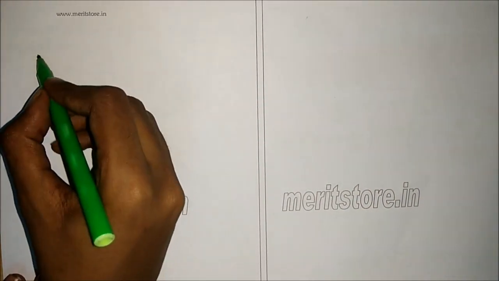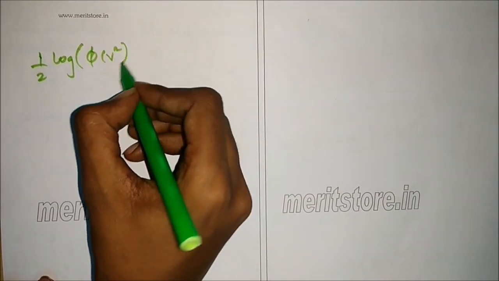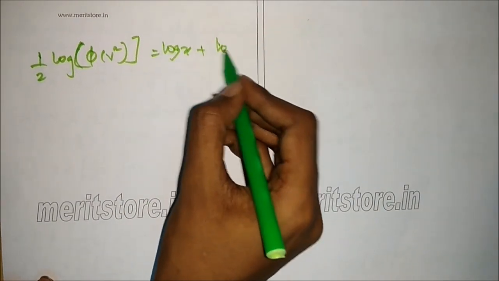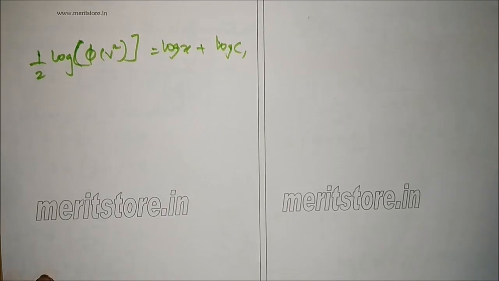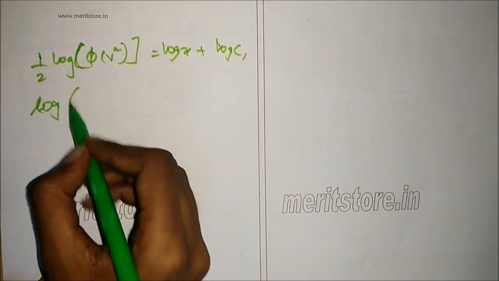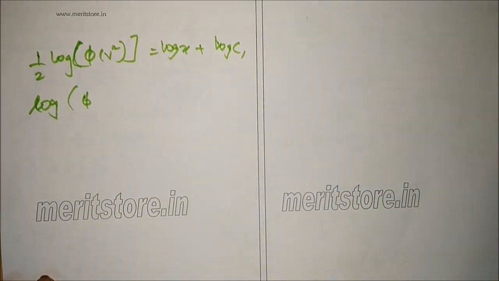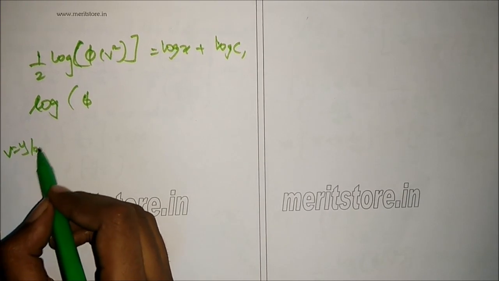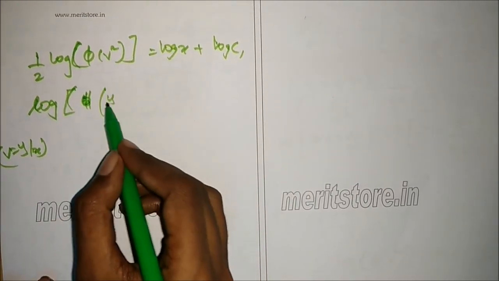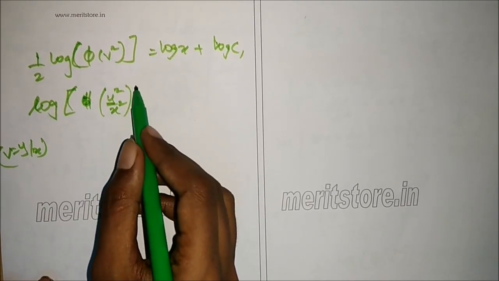So half log of phi of v square is equal to log of x plus log of c1. So by law of logarithm, this will be log of phi of, now we resubstitute v equals y by x, so this will be phi of y square by x square.